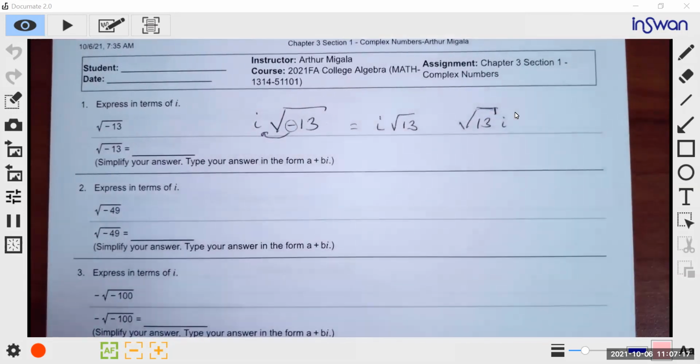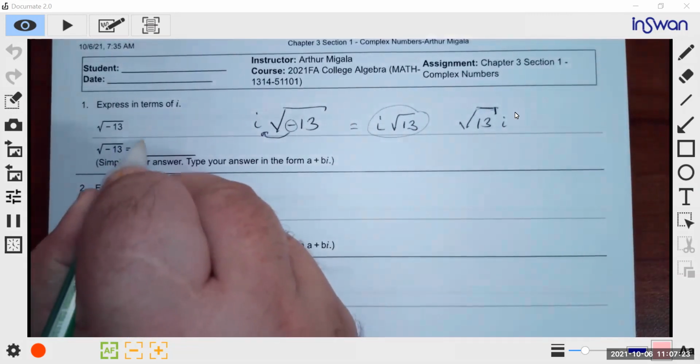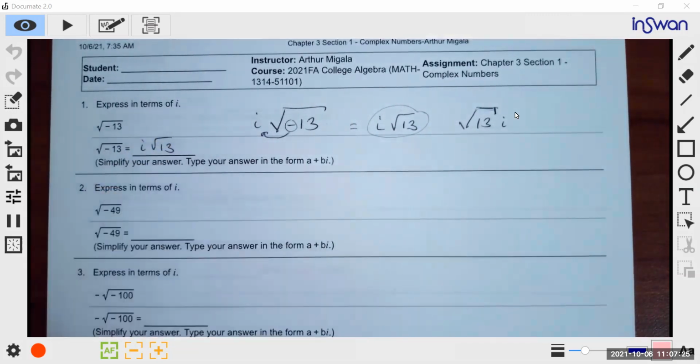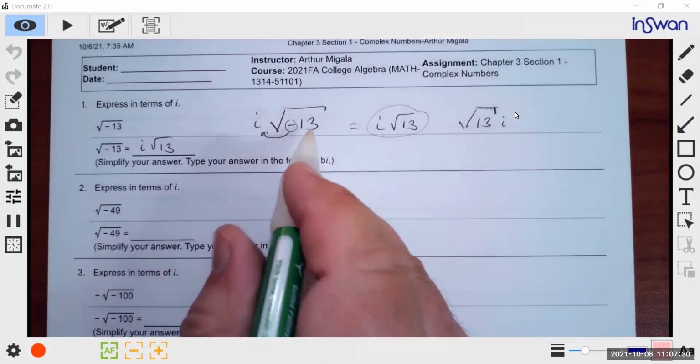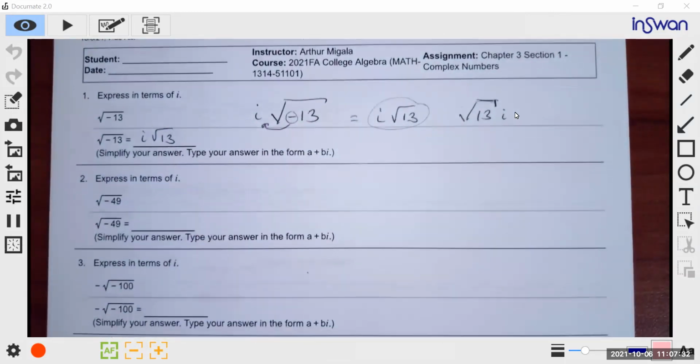That's why I always put a little closing mark there. But it's always safer to put the i in front of the radical. So the answer here is i radical 13, because 13 is a prime number, it can't go any further.